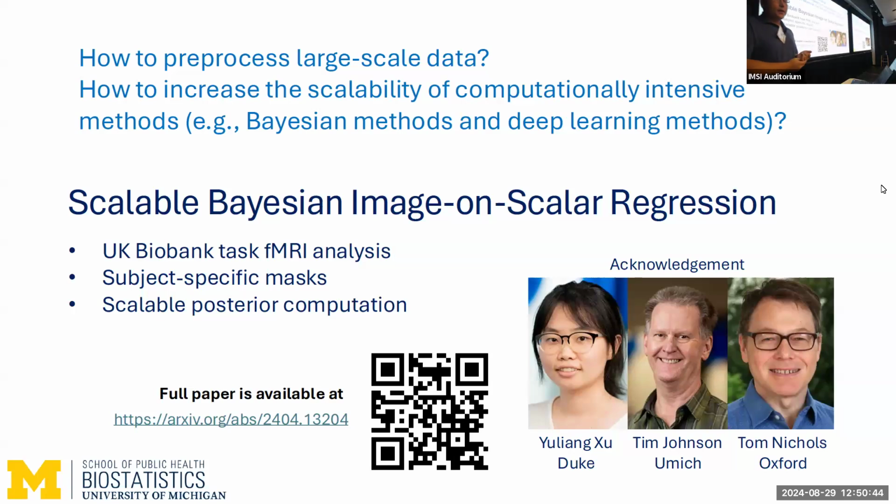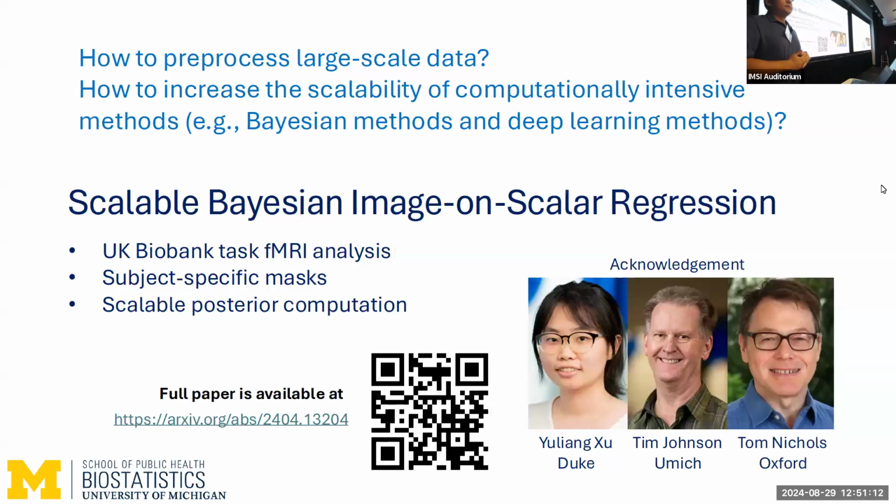So here is work joint with my former PhD student, who is now at Duke University as a postdoc, and also my former PhD advisor, Tim Johnson, and mentor, Tom Nichols. We are trying to apply fully Bayesian analysis on a very large-scale data set, specifically UK Biobank task fMRI imaging analysis.